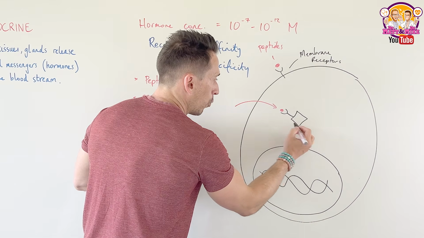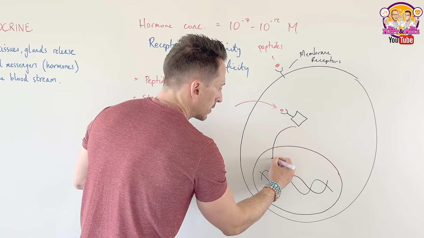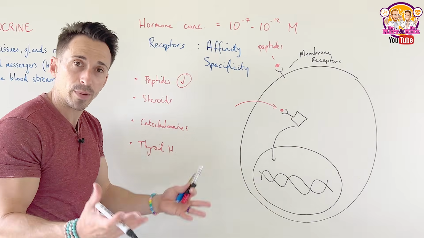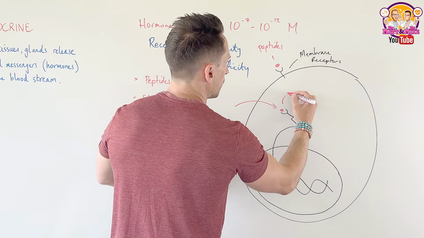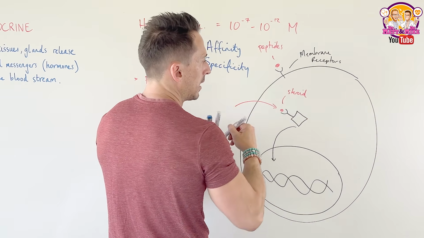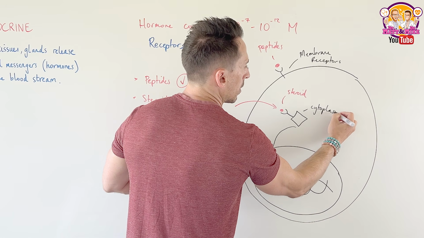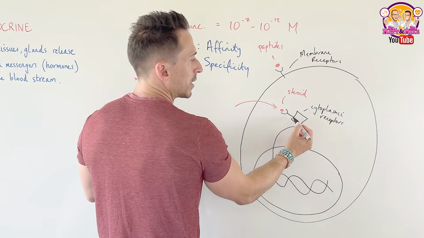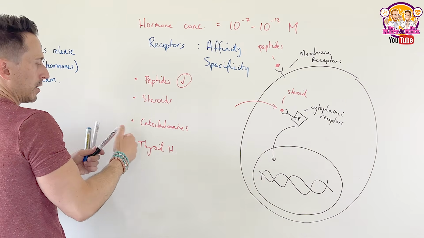Once bound, they will translocate into the nucleus and then have their effect on the DNA, transcribing, then translating the DNA. This is going to be steroid. And like I said, this is a cytoplasmic receptor. Cytoplasmic receptors, and generally they're transcription factors. All right, so we've done that.